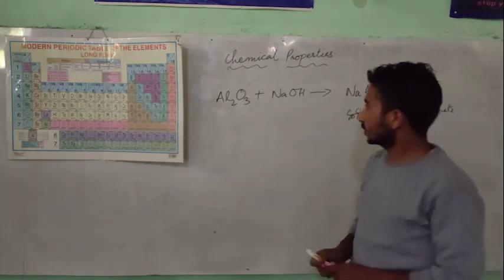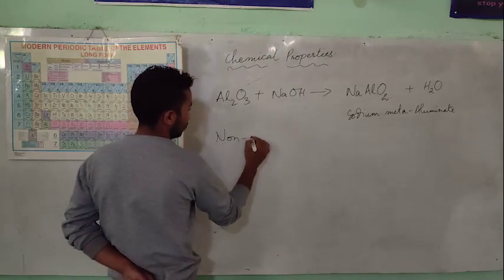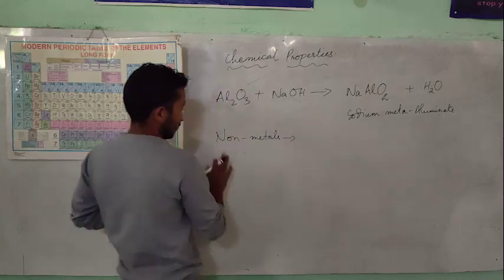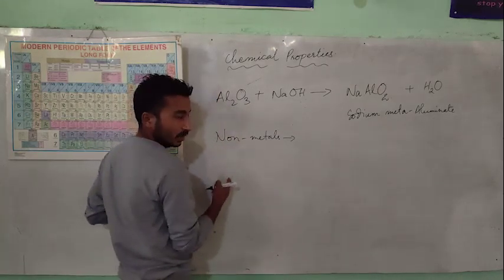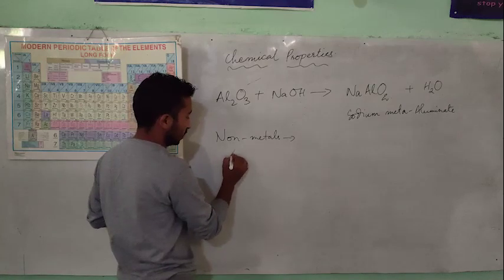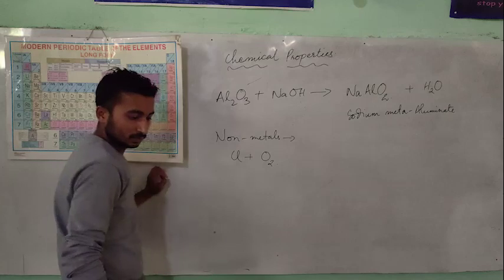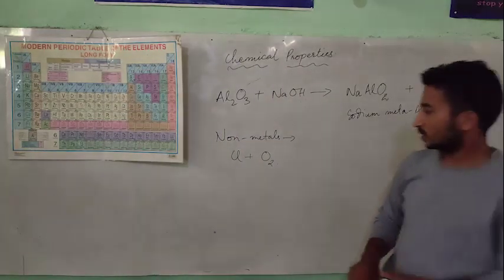Next, reaction of nonmetals. What happens when nonmetals react with oxygen? Let's take one nonmetal, let's say chlorine plus oxygen. Okay, let's take another one, sulfur.